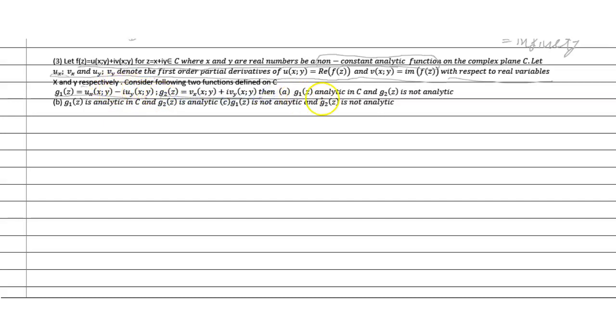So g1(z) is analytic on C and g2(z) is not analytic, or g1(z) is analytic in C and g2(z) is analytic. This is the question. So friends, very interesting question, friends.